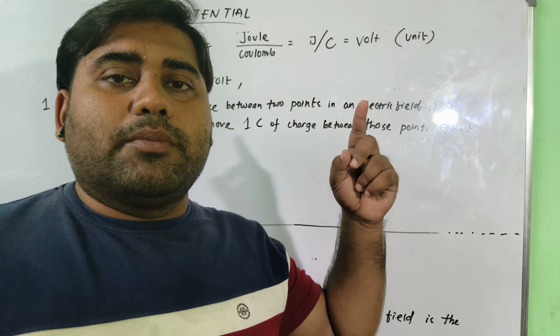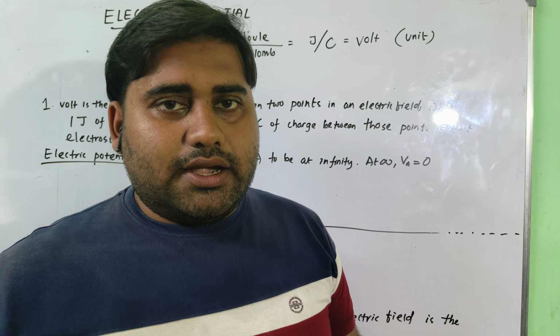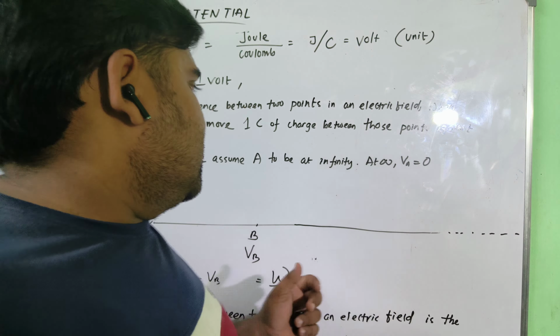Since VA is 0, the potential difference between infinity and B is the electric potential of B. Potential difference between B and infinity is the electric potential at B. So you understand the concept of electric potential. So VB is equal to work done by Q naught. This term is your electric potential.